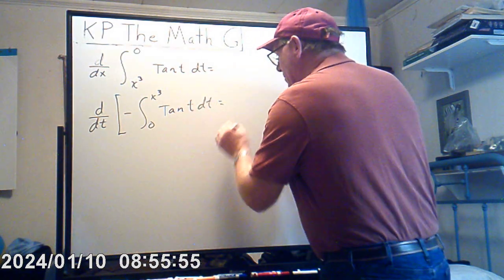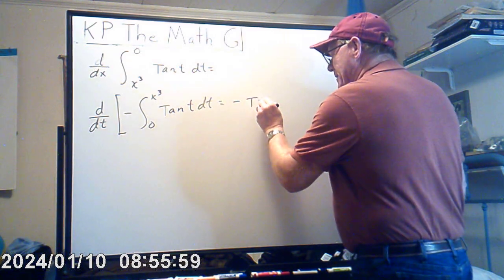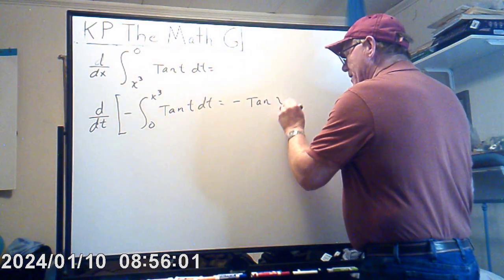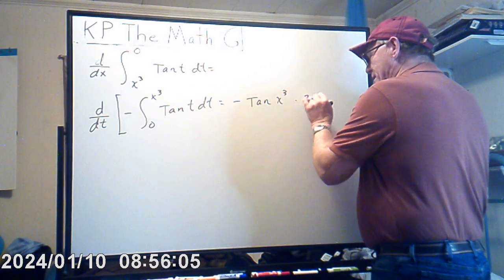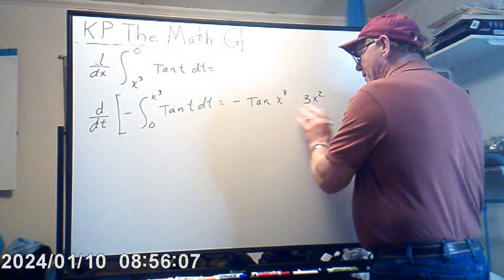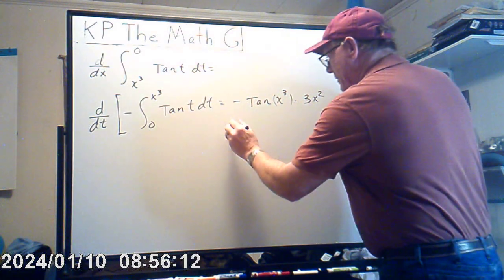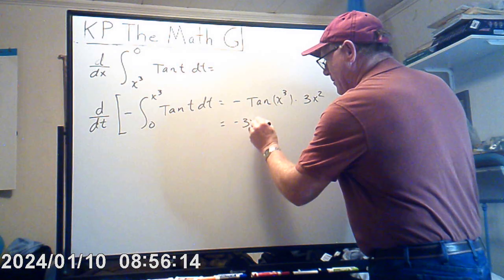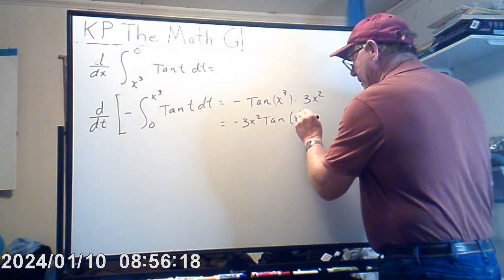We still have to keep the negative sign, but it's tangent of x cubed. Now the derivative of x cubed is 3x squared. We've already done that part. So the answer is negative 3x squared tangent x cubed. That's it.